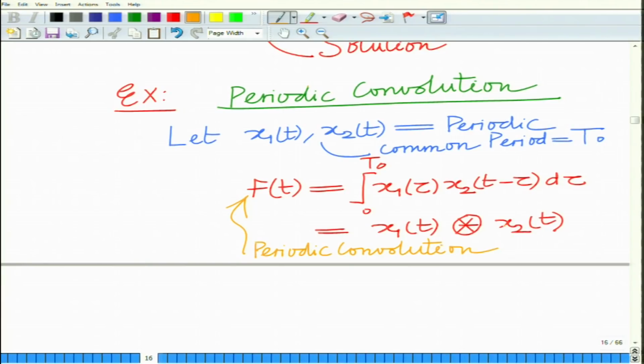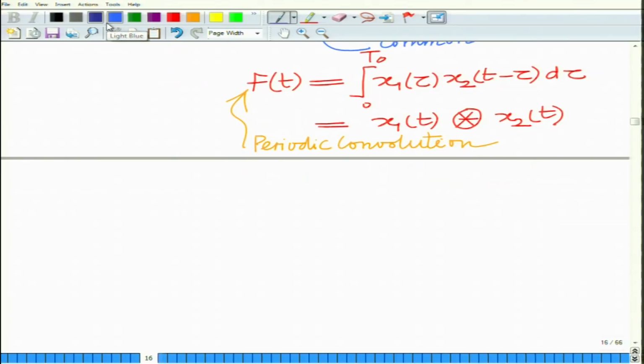And it is desired to show that this periodic convolution remains unchanged if you shift it by small t naught.